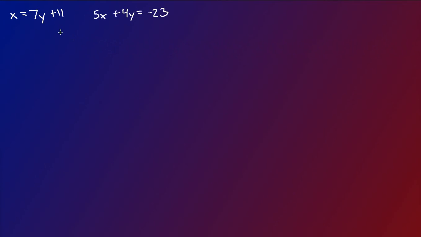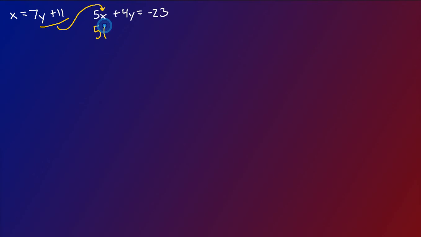Alright, here's another example up here. Now substitution is very good if, see, this equation, x is already solved for. So I don't have many steps. I take this, and I'm going to go ahead and replace x this time.